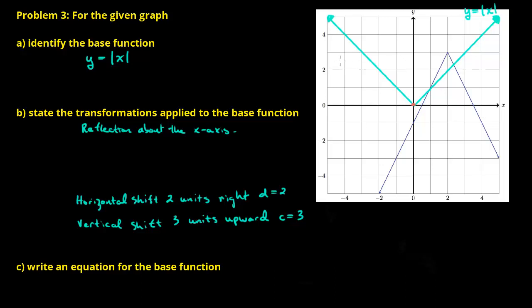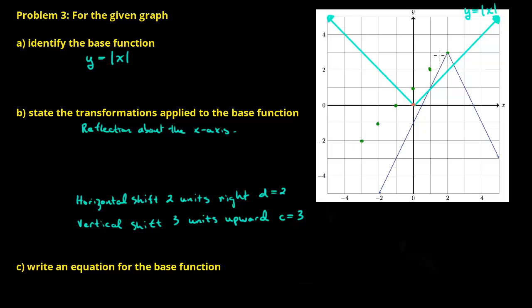So there is a vertical stretch by a factor of 2, because if I were to just translate and then reflect without stretching, the graph would have looked like this. I would have had a point here, and then my next point would have been here, and here.